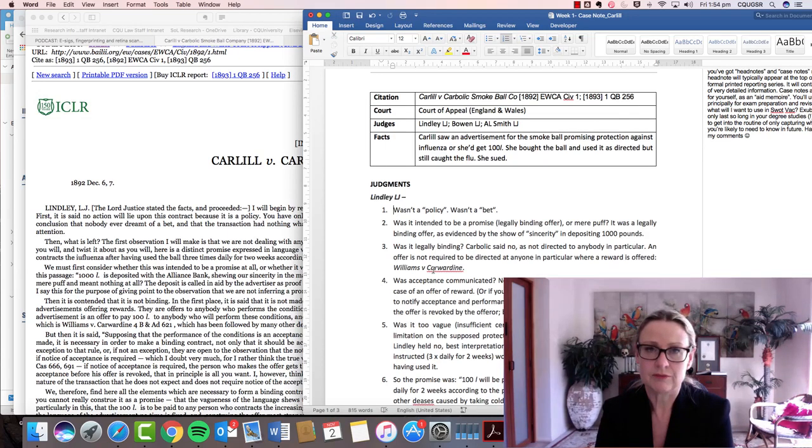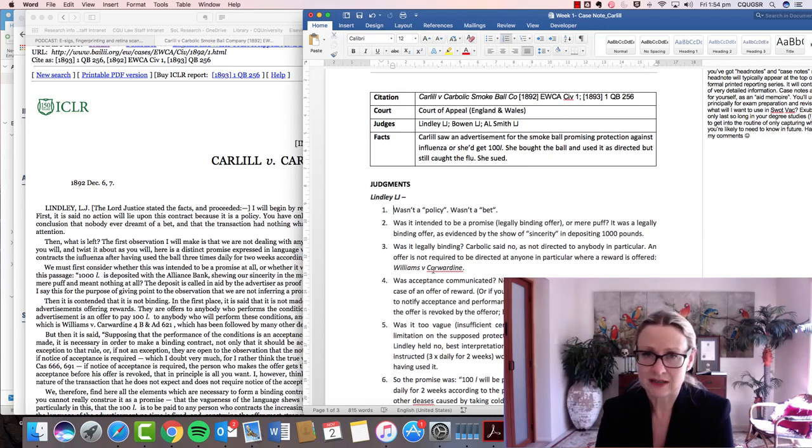So intention to create legal relations, capacity, offer, acceptance, consideration. These are the main things we're looking at for the front half of this unit. So you can probably bank on the fact that the cases I'm getting you to look at will contain a discussion of those kinds of issues.